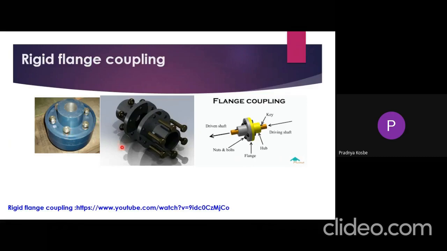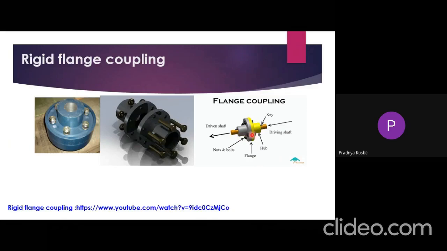Here disassembly of coupling is shown. Let us consider this is a driving flange with bolts and this is a driven flange with nut. And here showing all the elements.